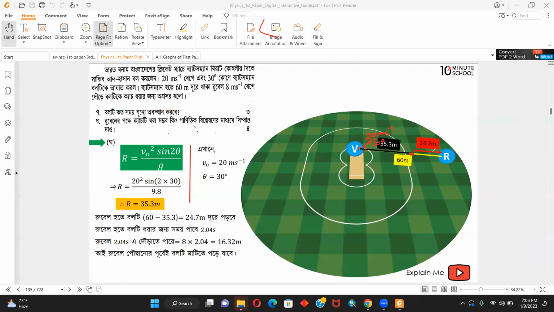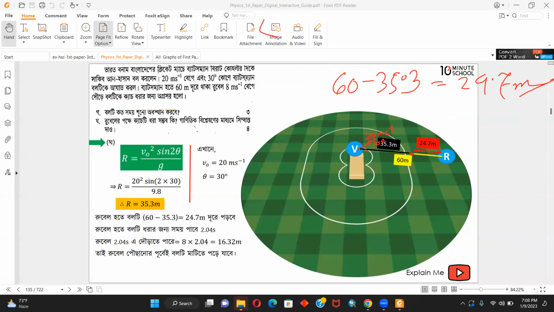He has to travel 60 minus 35.3 meters, because the preliminary distance was 60 meters and the ball has traveled 35.3 meters. That means David Warner has to travel 24.7 meters. Is it clear? Yes. Okay. So let's see if he will be able to reach that 24.7 meters or not.